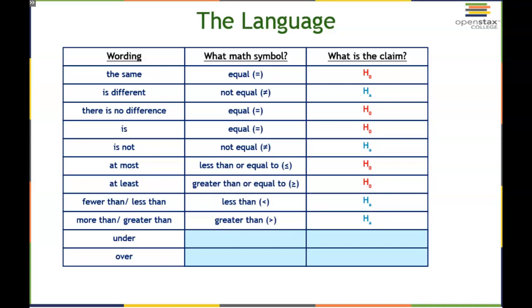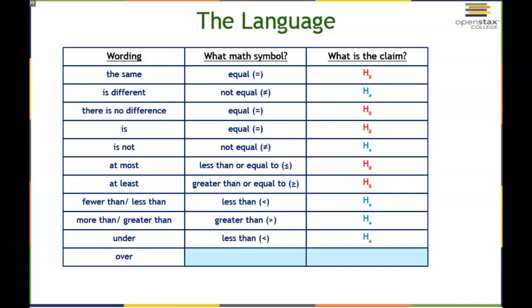Under. He is under 7 feet tall. Well, if he is under 7 feet tall, then he's not 7 feet tall. He's less than 7 feet tall, and less than is a math symbol, and therefore the claim must be an HA. Over.